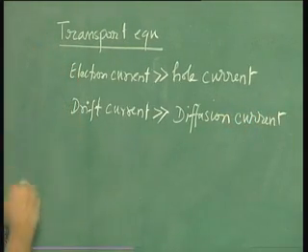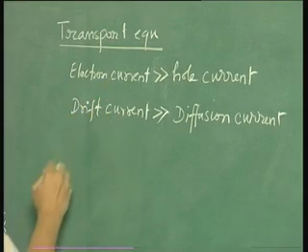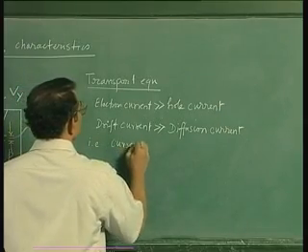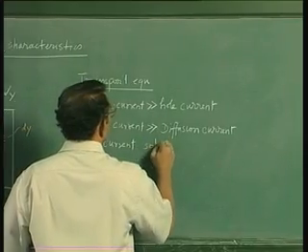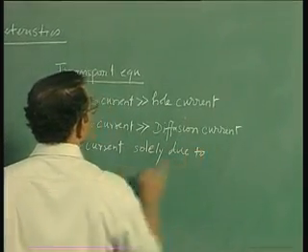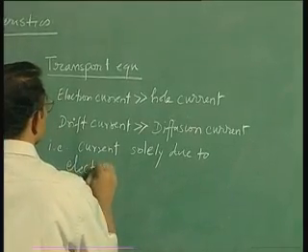This means that current is because of electron drift. So current solely due to electron drift.